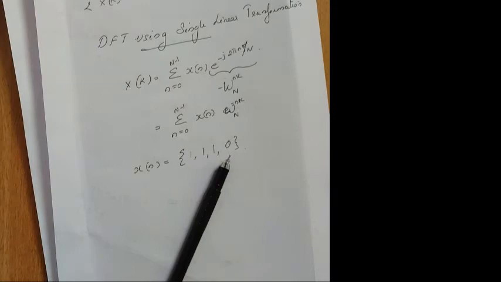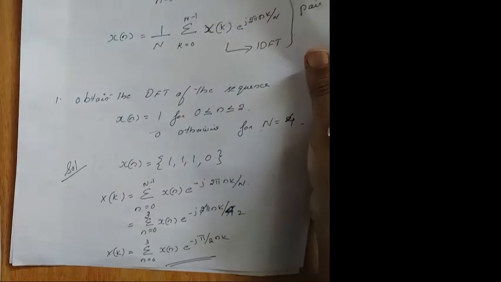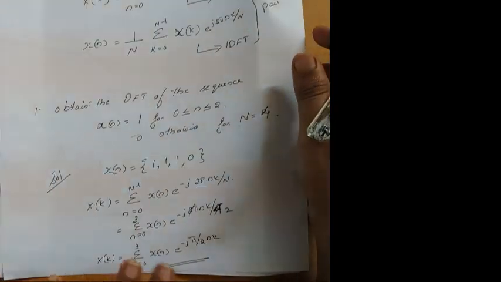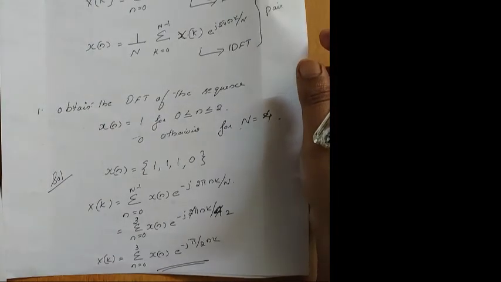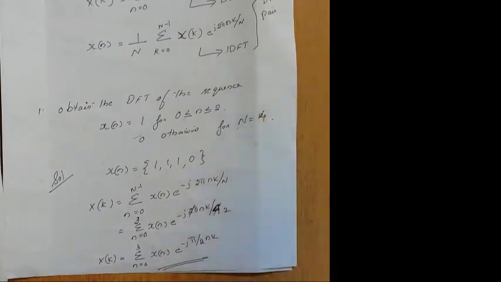Because you have to reduce the number of multiplications. Here you have done 2 pages of calculations, isn't it? That means N complex multiplications and N minus 1 complex additions in this. So to reduce this calculation, you are going for this single linear transformation.